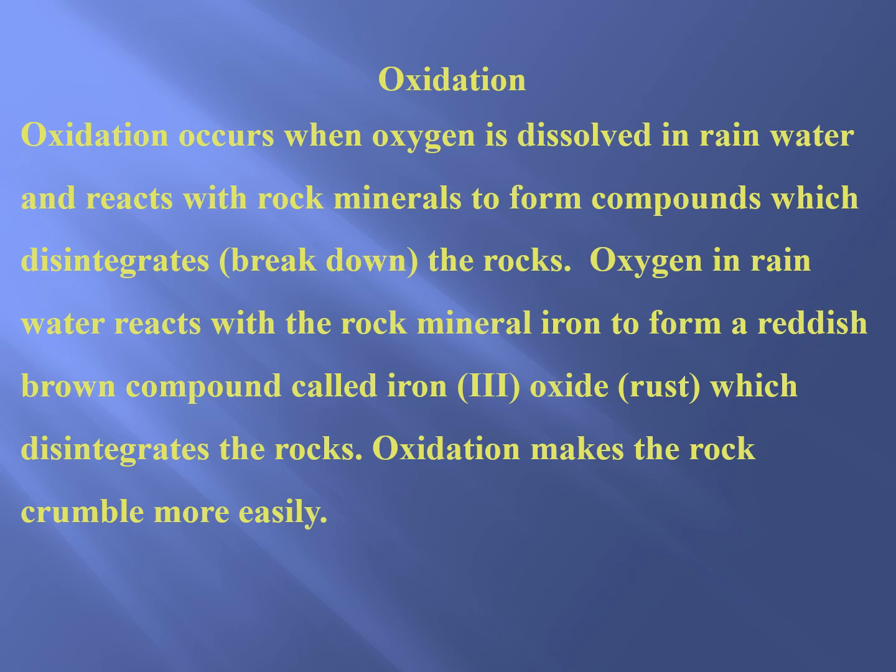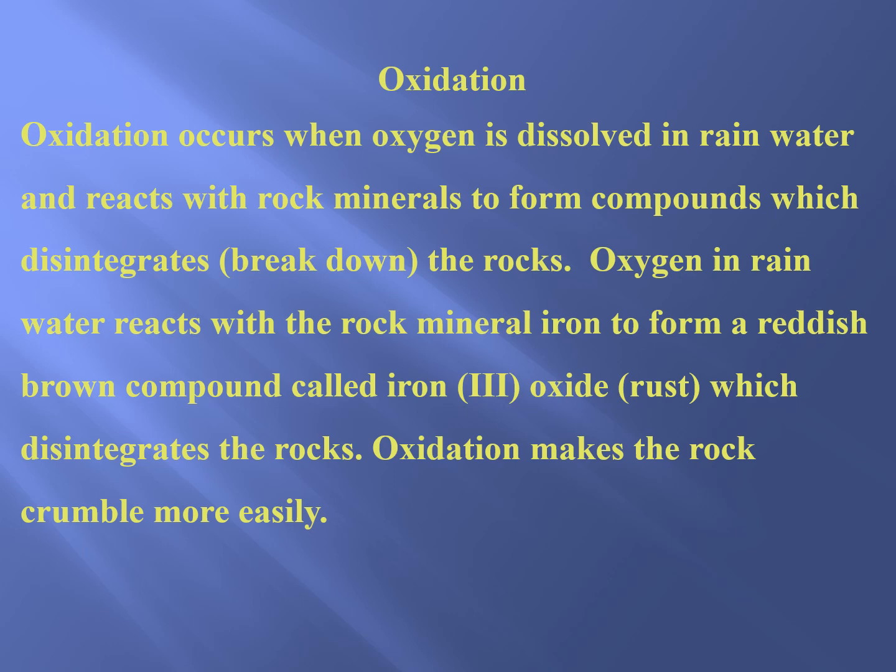In this case, rainwater will react with the mineral iron to form a reddish-brown compound known as iron 3 oxide, which we commonly call rust. Now, rust disintegrates the rock. In other words, it breaks down the rock.